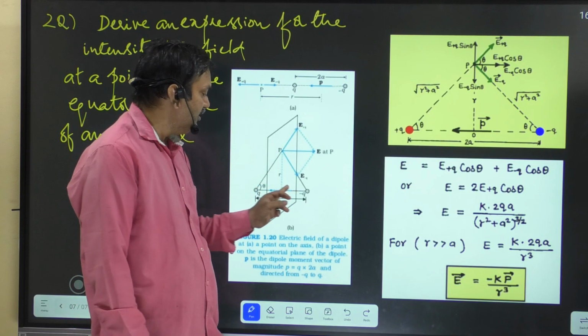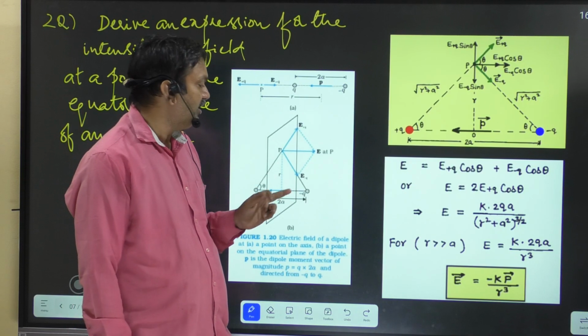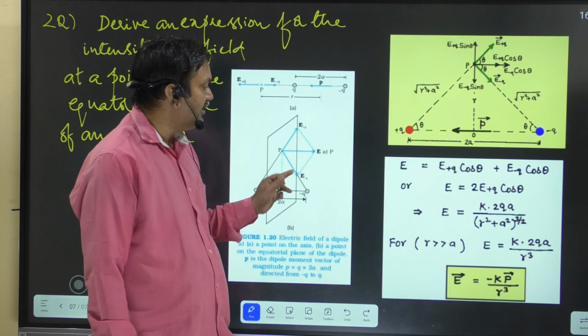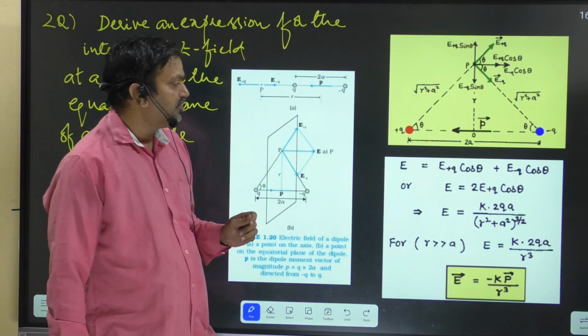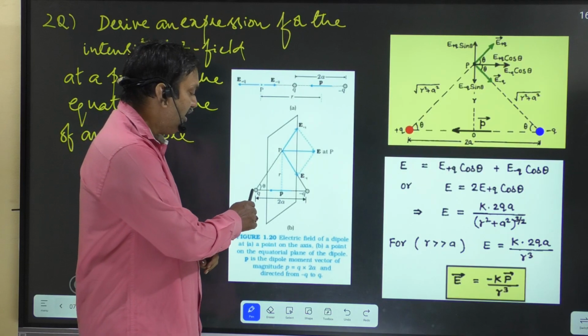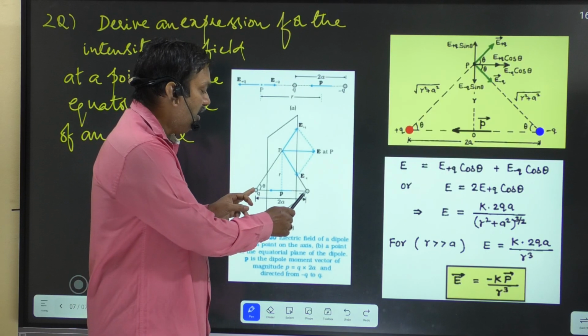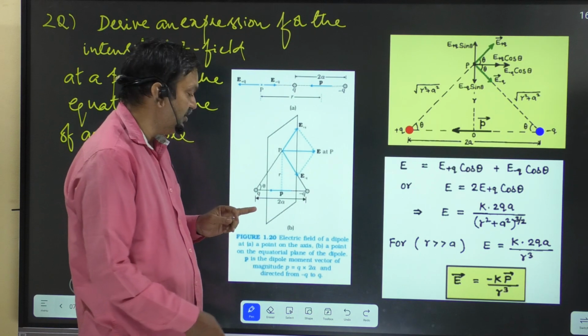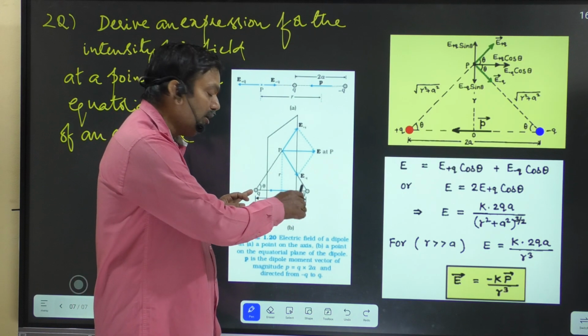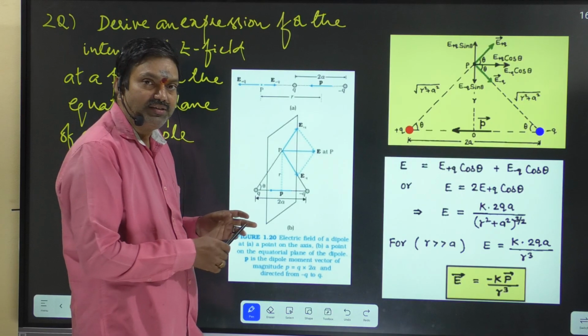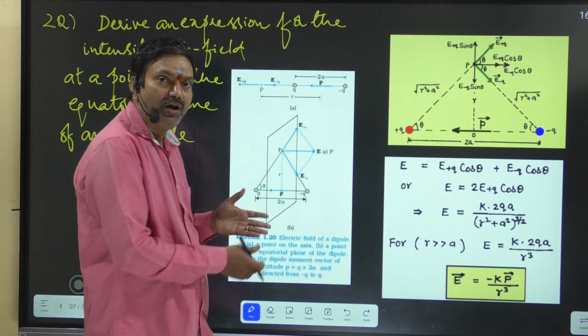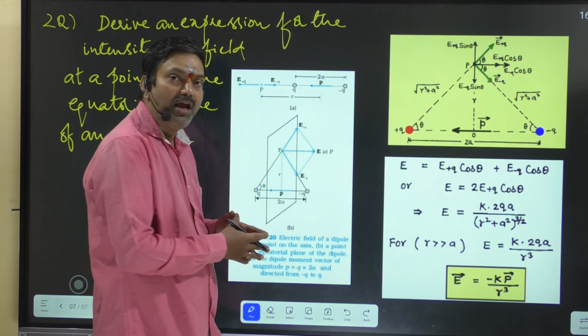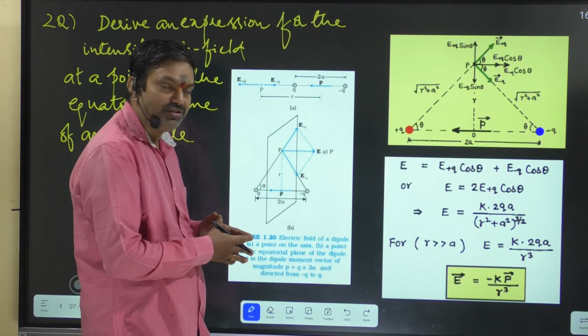As you see here, this is the corresponding picture. Whether you take this picture or this one, it is very clear: there are two polarities, a positive charge here and a negative charge here. So obviously the dipole is placed horizontally, along the horizontal axis.